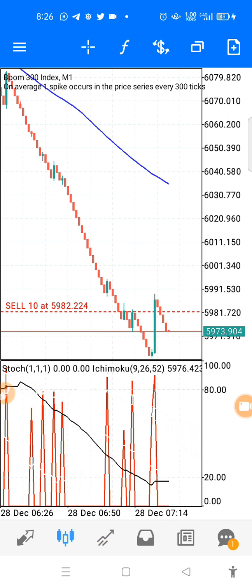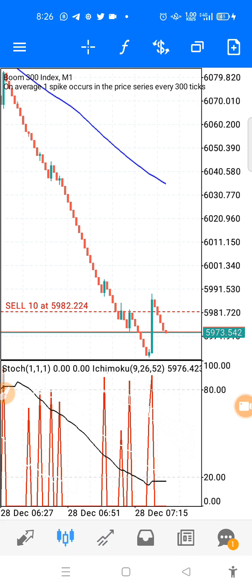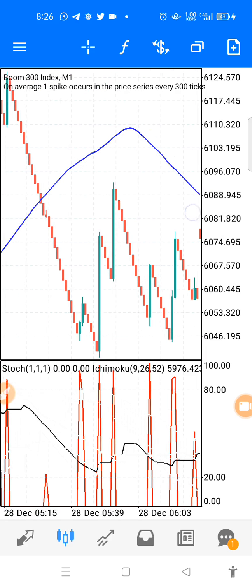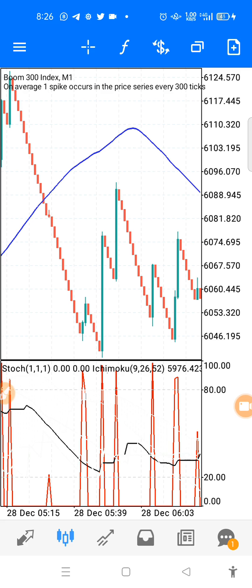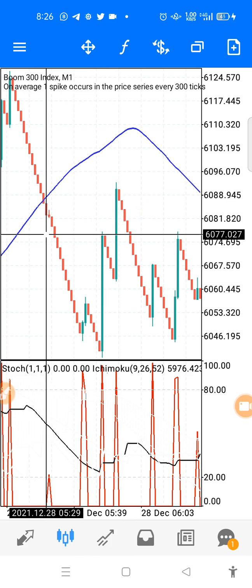Okay, so now when will you actually buy? It's simple. For Boom 300 to trade anti-spike, you're actually going to sell below the moving average. You know, Boom is actually booming, so you sell below the moving average. So when the market crosses below the moving average is the first condition for us to sell.